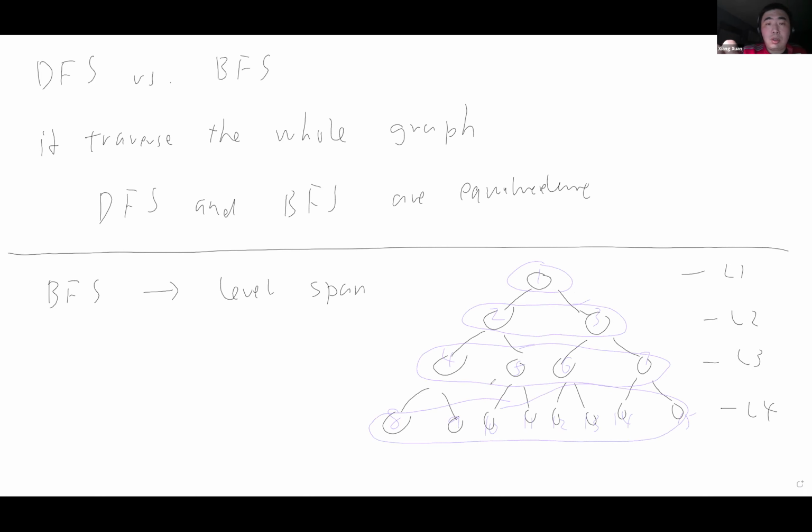Okay, so the advantage for this one is that when you reach a node, whenever you go from the start to any node in BFS, it guarantees that you will reach it in the smallest number of steps.